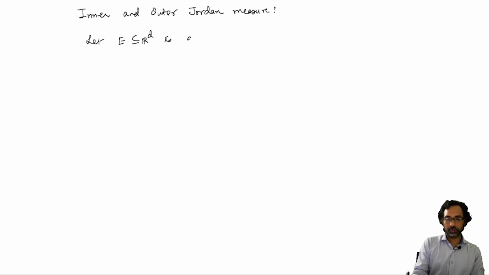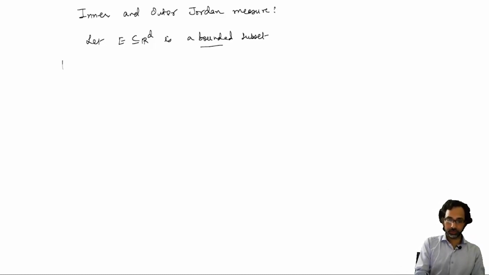So this is the inner and outer Jordan measure. So suppose that E is a bounded subset of RD, which need not be an elementary set, it's just bounded.